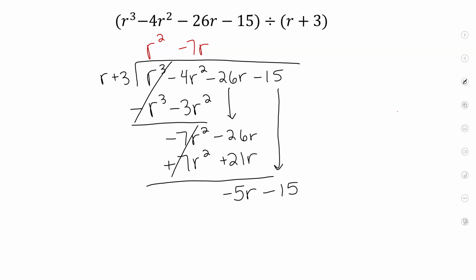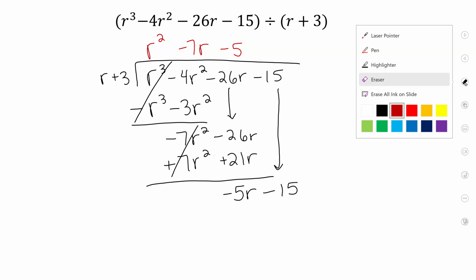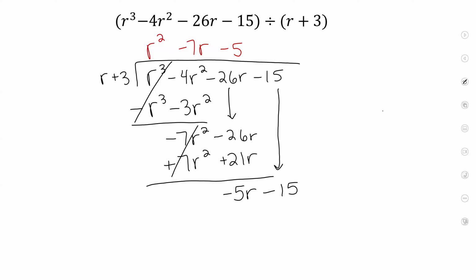Ask yourself, R times what is -5R? -5. Now we multiply. Okay, R times -5 is -5R. 3 times -5 is -15.